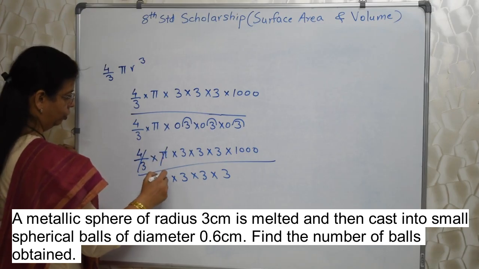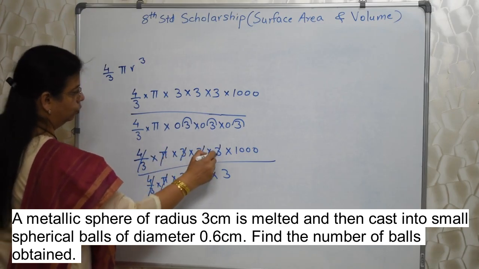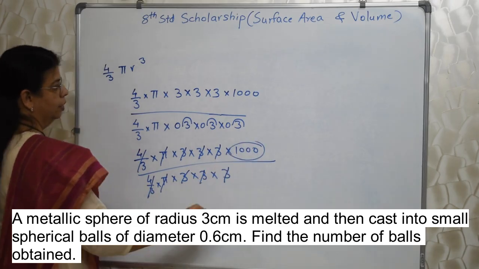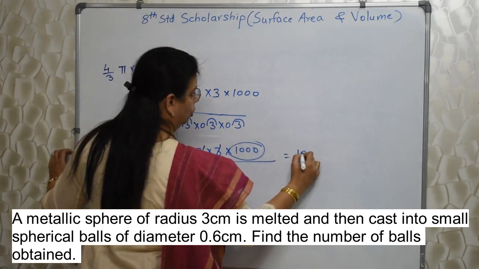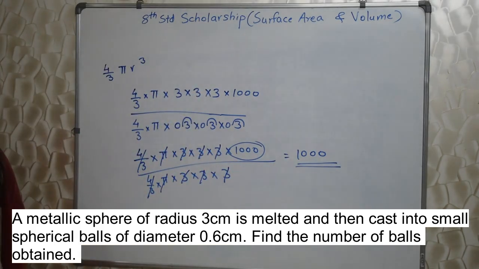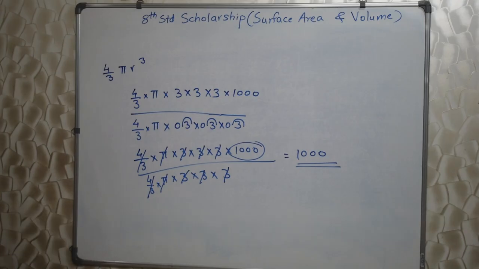This gone, this also gone. 1, 2, 3, 1, 2, 3 gone. What is remaining is only 1000. So 1000 small balls can be obtained. Number of balls is 1000. Very interesting, isn't it?